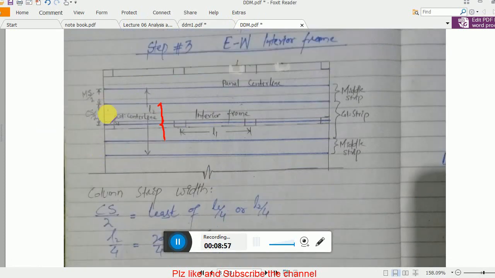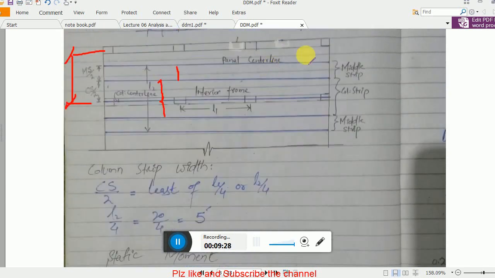If this is different, then you have to find a different approach. Remember this half middle strip will be, if this is 15 feet as I assume, then 15 divided by 2 minus this 5. So that will be your middle strip. So remember, if the question says the panel widths are different, then you have to do that calculation.